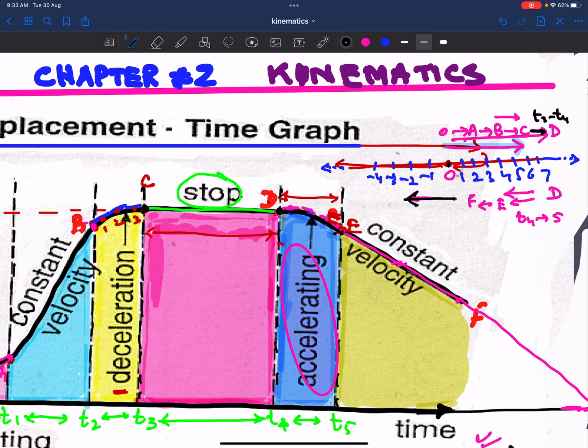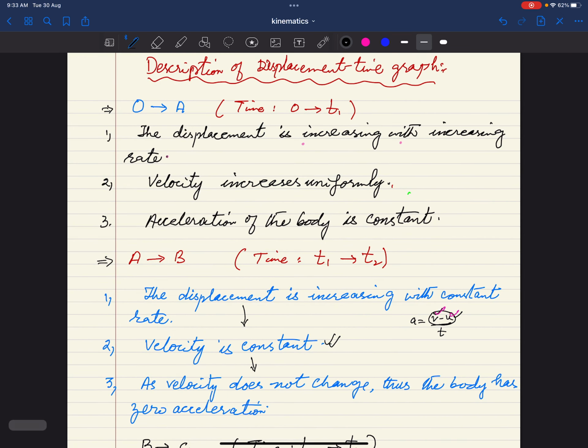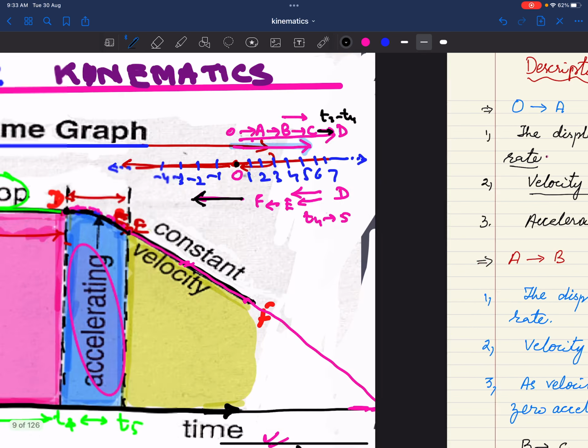The body is coming towards the origin, so the displacement is decreasing, because you know that the displacement is always taken from the origin. So this is very important point to remember, that the displacement is decreasing with increasing rate. So rate is nothing but velocity. So as the increasing rate we have, it means that the velocity increases uniformly. So this is very important.